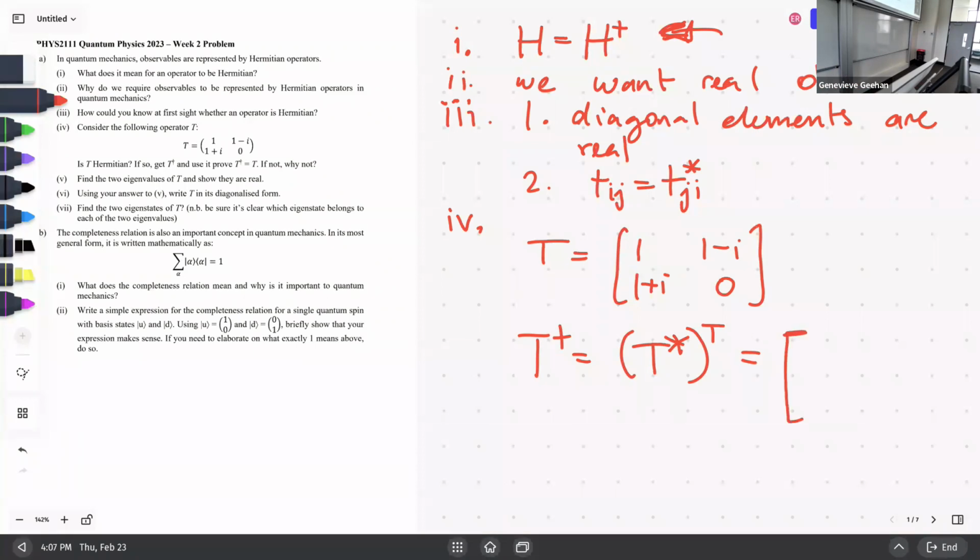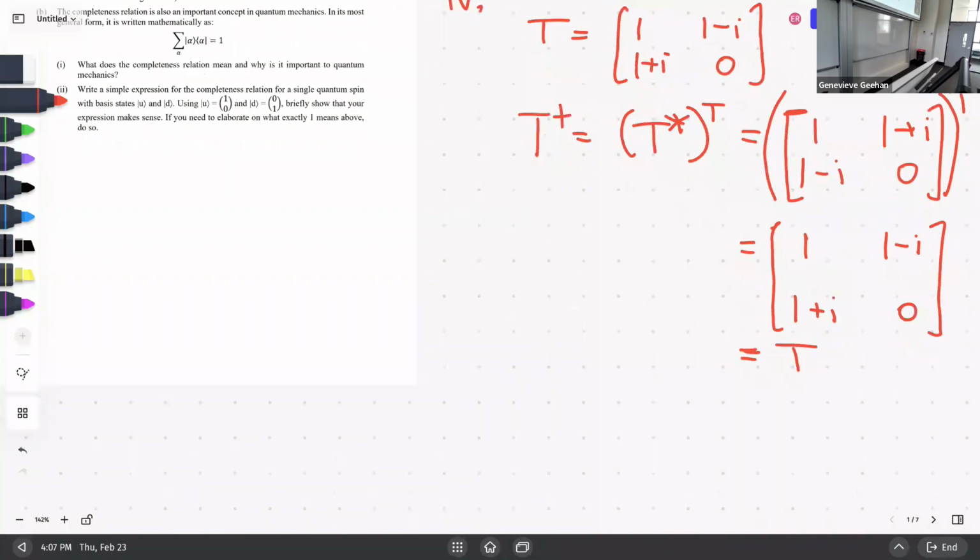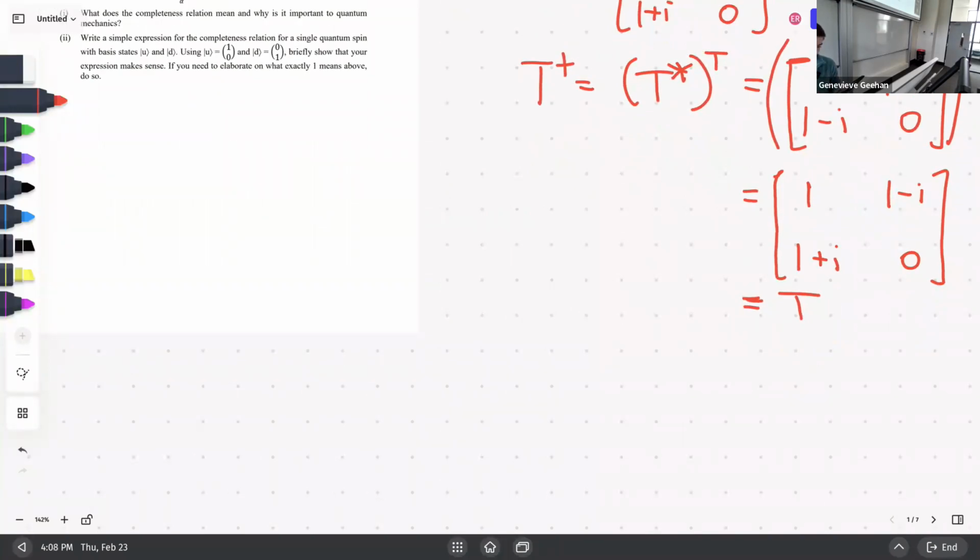Let's do the complex conjugate first. So all the i's just switch signs. And then we still need to transpose this, so we just flip it around. Okay, and then you can see that that's equal to the original matrix. So therefore it's Hermitian.